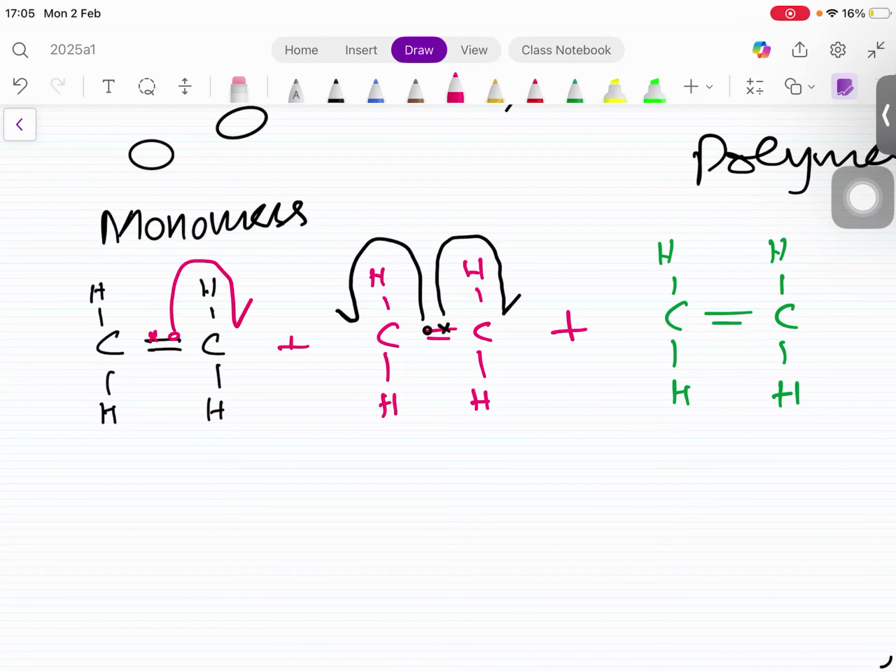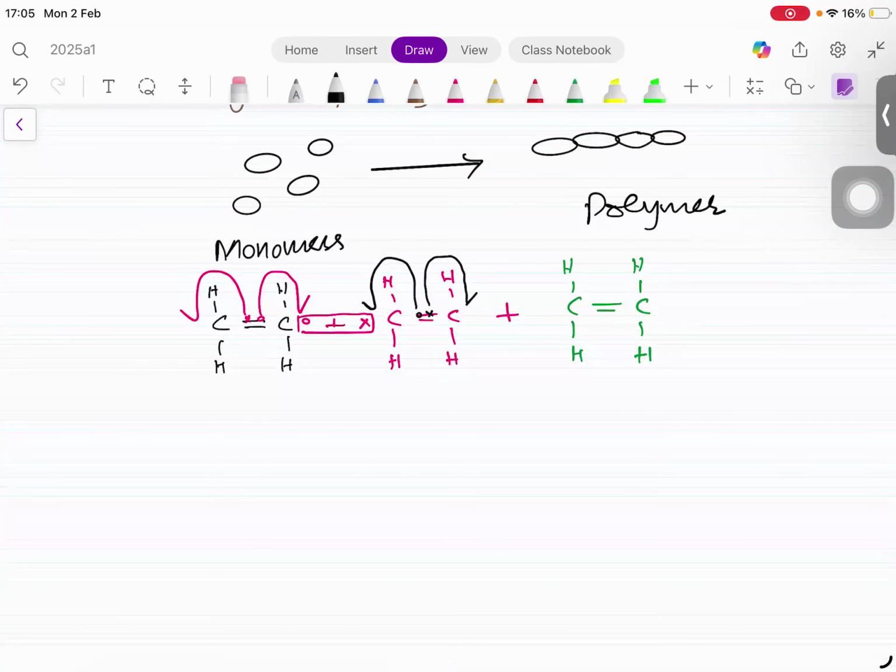One electron comes on this side, one goes on this side. Now the electrons which come on this side make a covalent bond with each other. Now the double bond has turned into a single bond like this, and they have joined here.